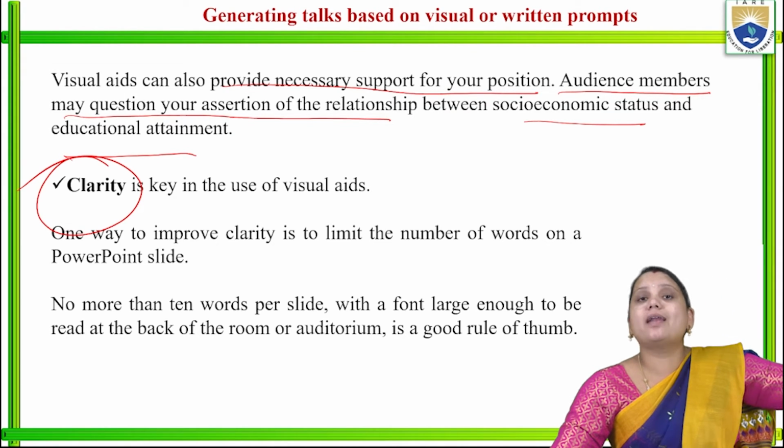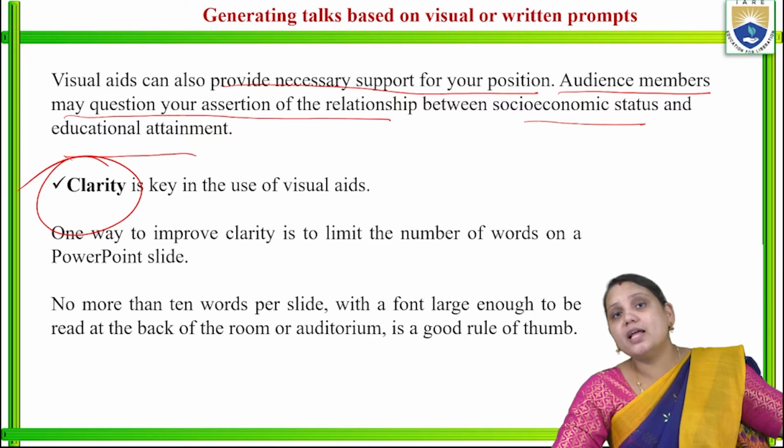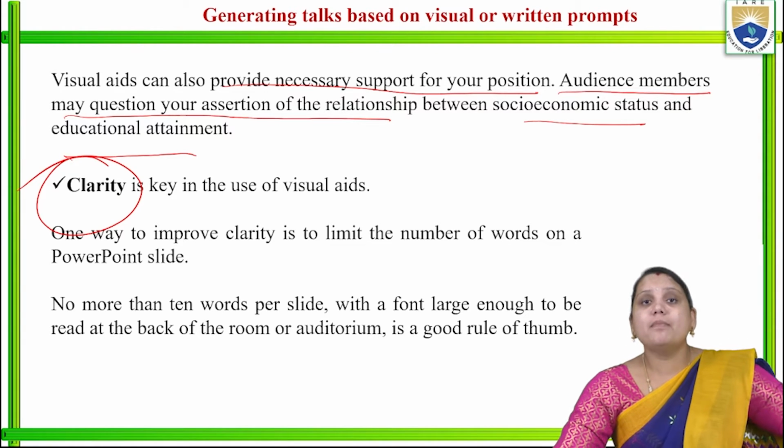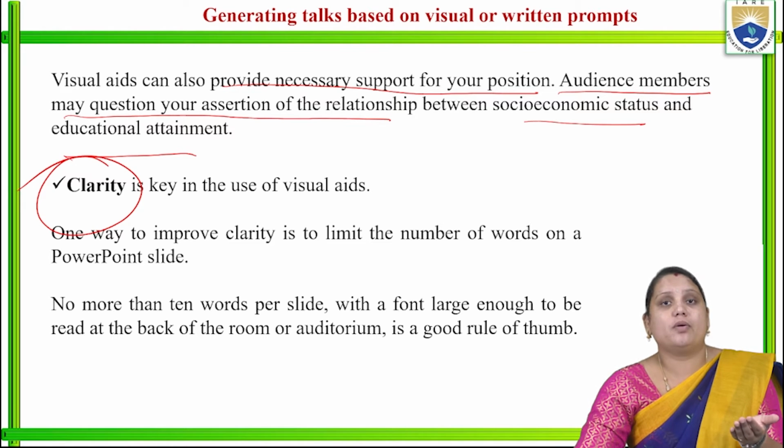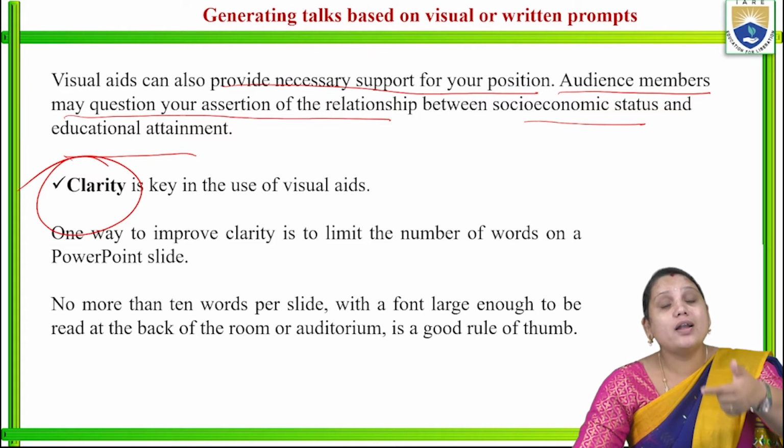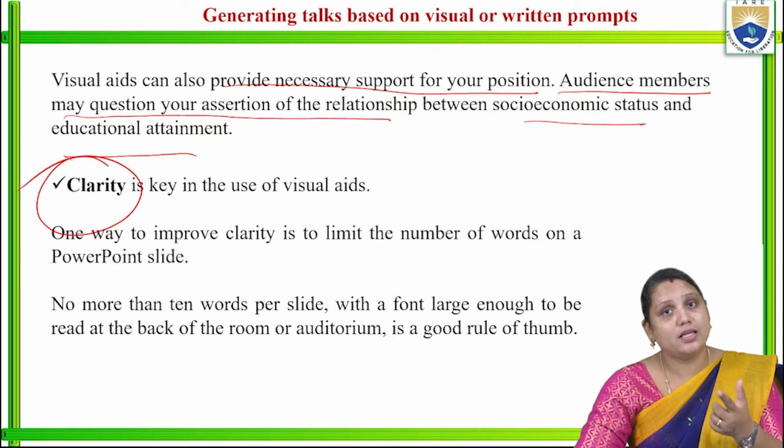You can put up a graph as the evidence and show them the clarity between the increase of the socioeconomic status and the educational attainment status. So it should be an example. It should be an evidence. Your visual aid should be evidence to the audience's questions, guesses and assumptions, isn't it?